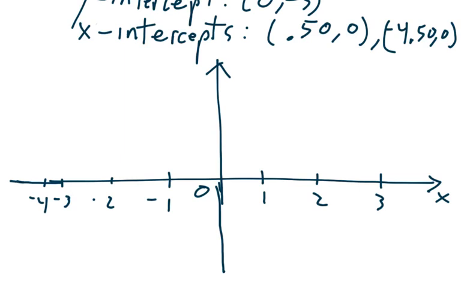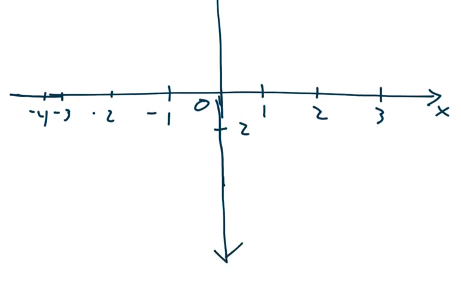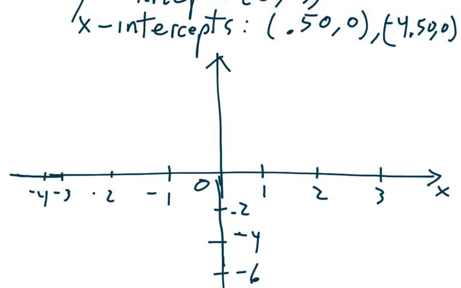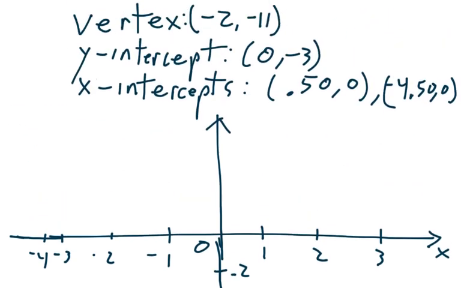Here, let me do this by 2s: 2, 4, negative 2, negative 4, negative 6, negative 8, negative 10. Need a little more room, but that's okay. Good. All right, so this is what we have now.